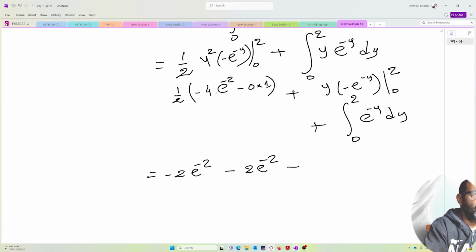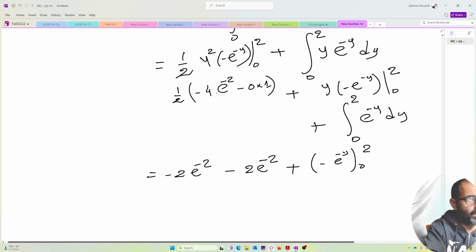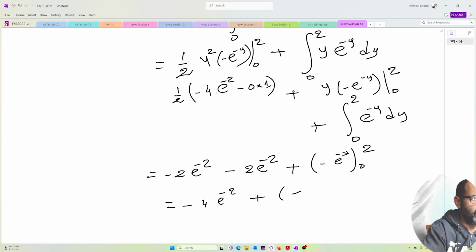And the last term in here, plus exponential of negative y between 0 and not infinity, 2. Okay. Obviously, this is negative 4 e to the negative 2 plus the upper bound is exponential of negative 2 minus, with a negative sign in here, remember I have a negative sign in here, and there is a negative in here.